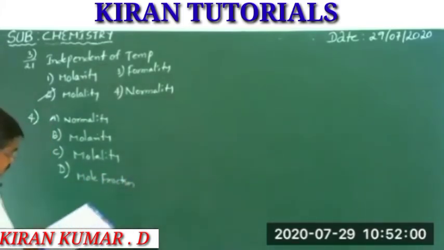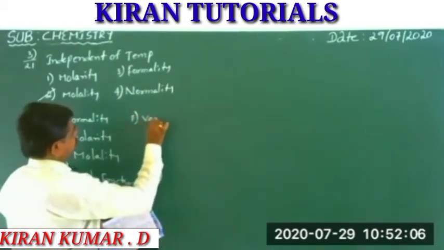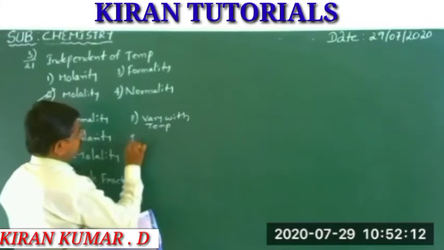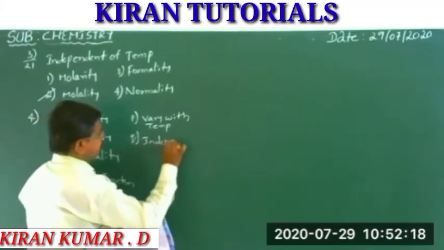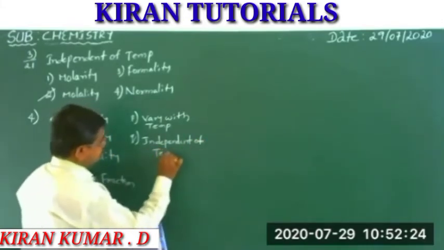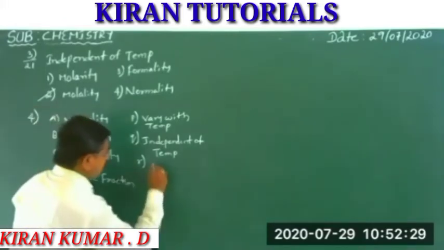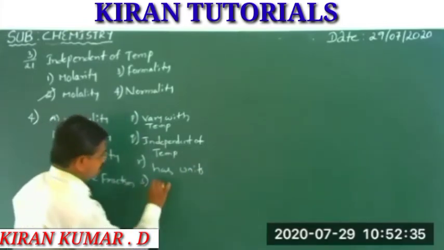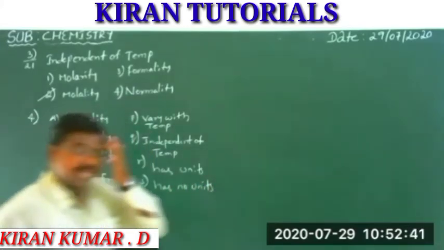Here the options are: P, varies with temperature; Q, independent of temperature; R, has units; S, has no units.